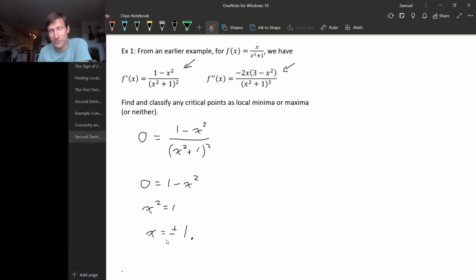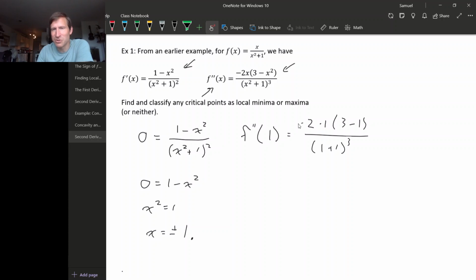Now to decide if they're local mins or local maxes, all we need to do is plug these critical numbers into the second derivative and see if what we get is positive or negative. So let's evaluate the second derivative at plus 1. We get minus 2 times 1 times 3 minus 1 squared, which is 1, over 1 plus 1 cubed.